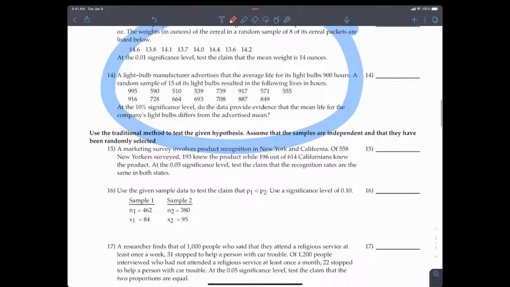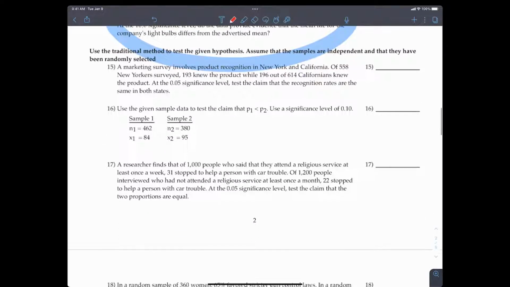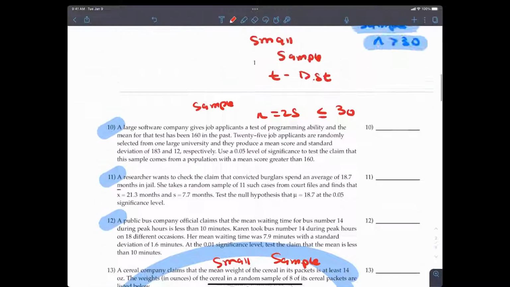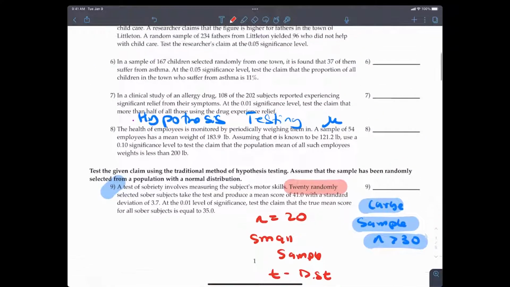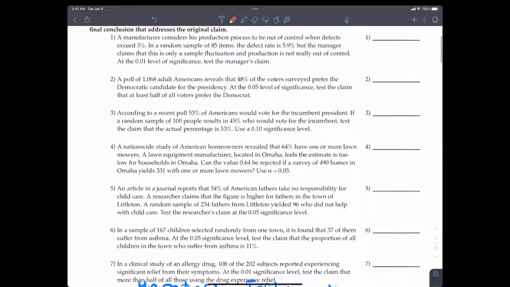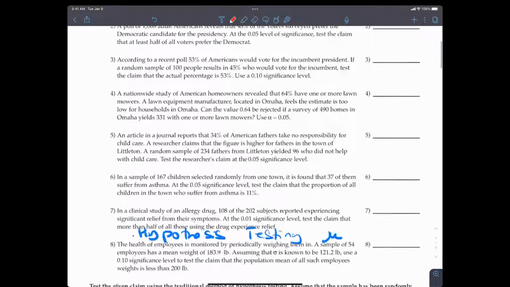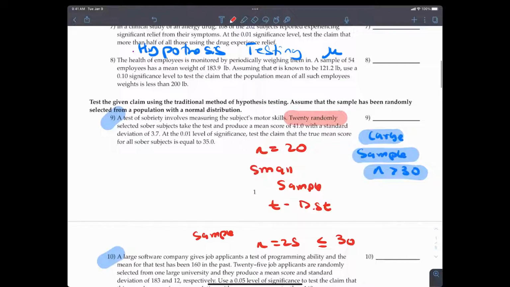Let's see if number 15. All right, we're going to have to skip that. Anyway, yeah, it looks like these are small samples there. So not quite sure what happened when I wrote this. Only one question was a large sample, question number 8. Well, it looks like that's the case.